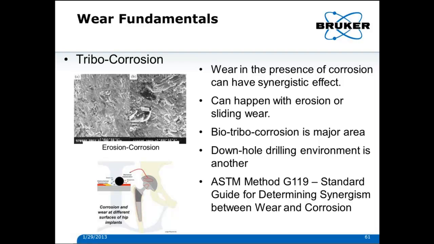Two important areas where tribocorrosion takes place are biotribocorrosion, and we see a hip implant here, an area where we have rubbing in the presence of an electrolyte. Also, downhole drilling is another environment where tribocorrosion takes place. There's actually an ASTM guide for determining the synergism between wear and corrosion by measuring them separately and together and determining the synergistic effects.